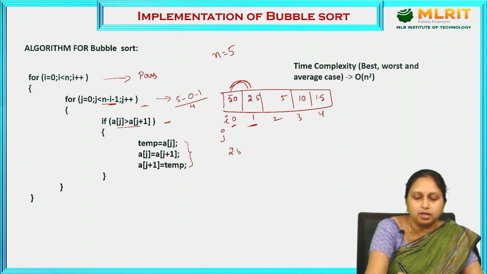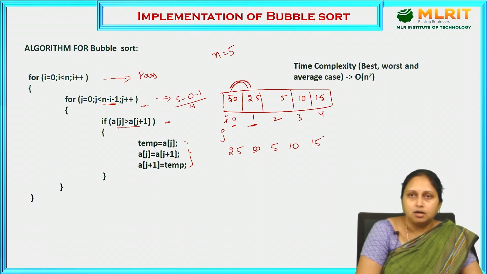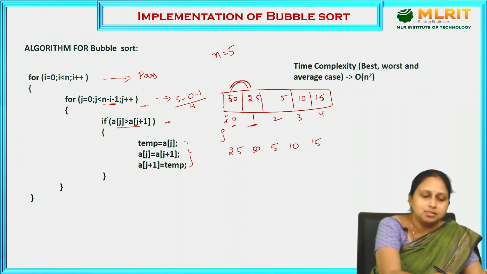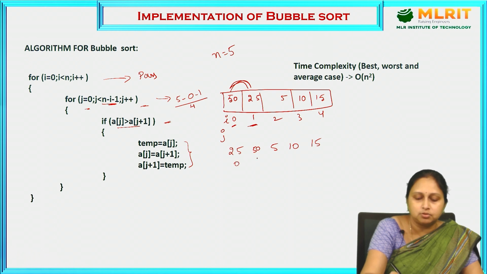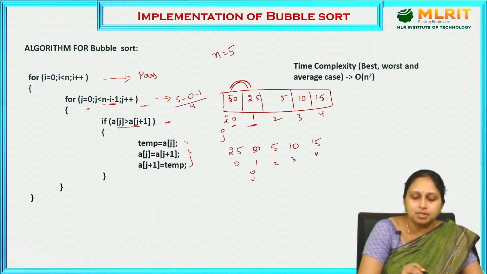We get 25, 50, 5, 10 and 50. Now, in the next step, the next two adjacent elements have to be compared. J will be incremented. J becomes 1. This is 0, 1, 2, 3 and 4. Now this is pointing to the j value, and j plus 1 is this.